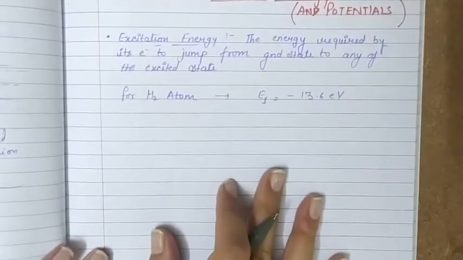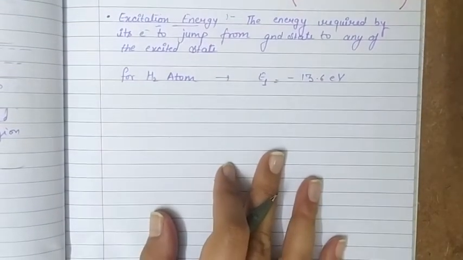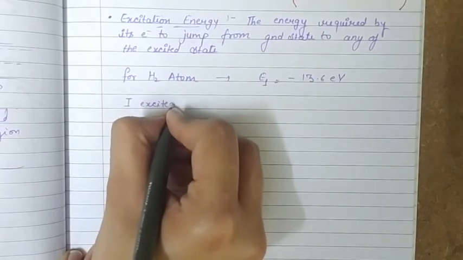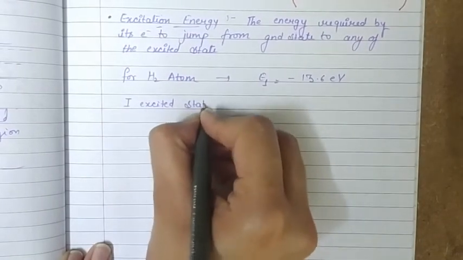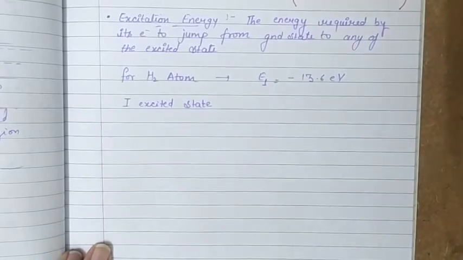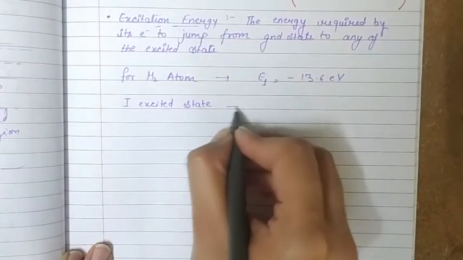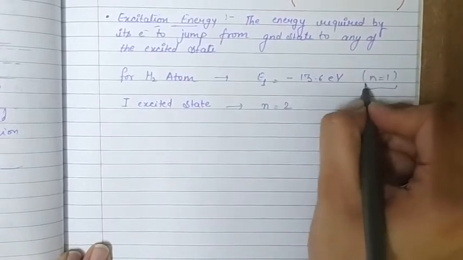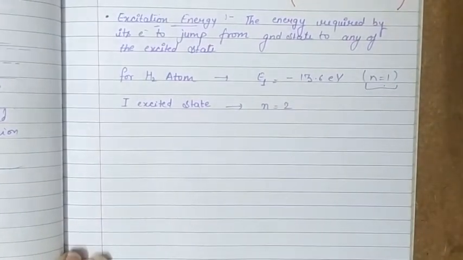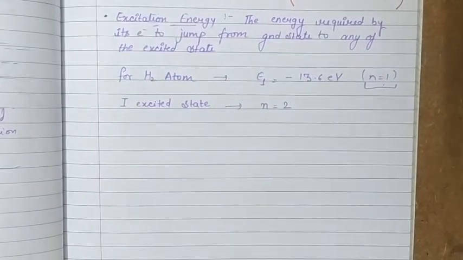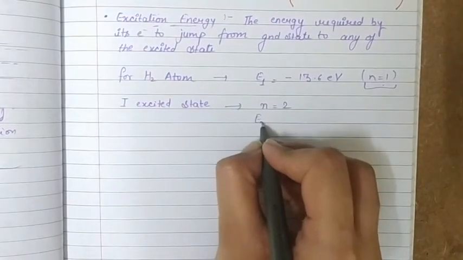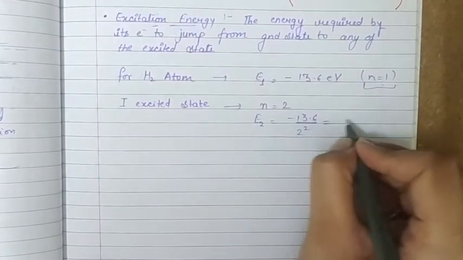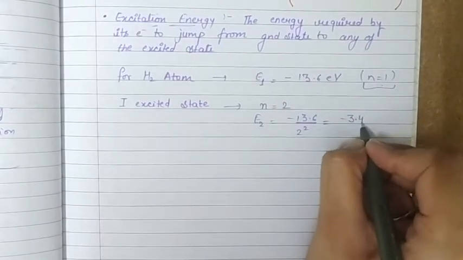Now if it is transiting to the first excited state, which means the first higher level above it, so n is equal to 2, because n is equal to 1 is where it is already present. The energy corresponding to it is minus 13.6 upon 2 square, that is equal to minus 3.4 eV.